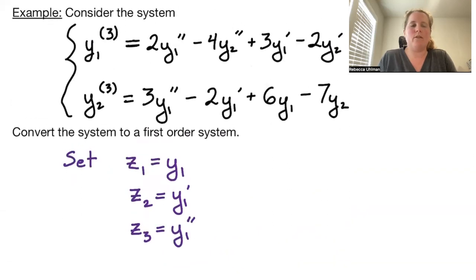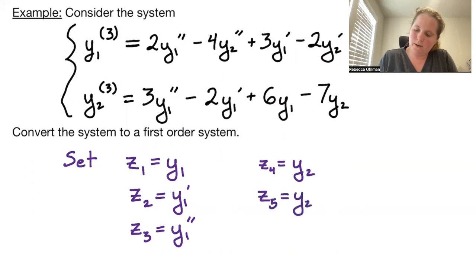Those are all the lower order derivatives of y1. We're not going to rename the third derivative. Then let's set z4 to be y2, z5 will be y2 prime and z6 will be y2 double prime.